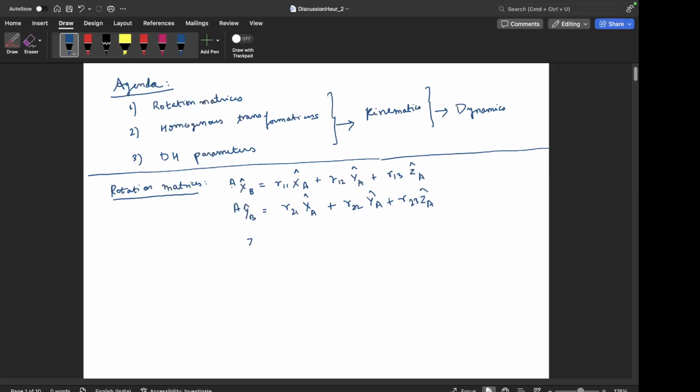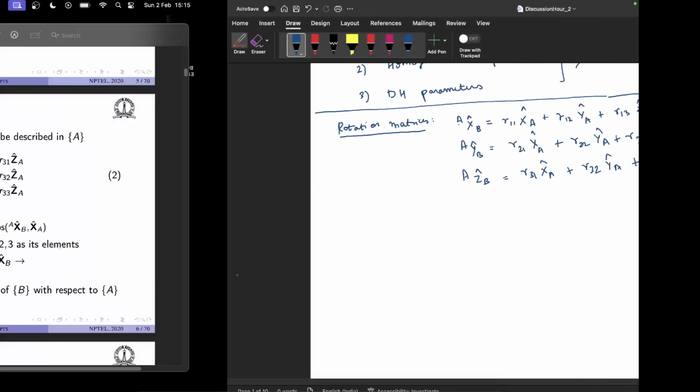And finally, the z-axis of frame B represented in terms of the unit vectors of frame A can be written as R31 XA hat plus R32 YA hat plus R33 ZA hat. All right.